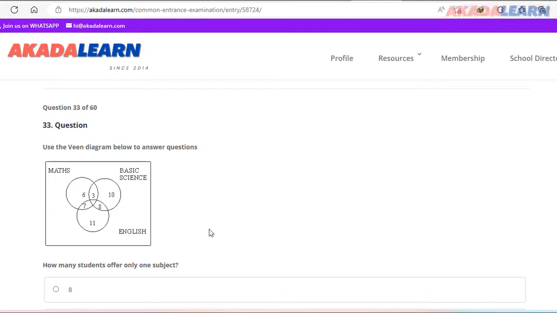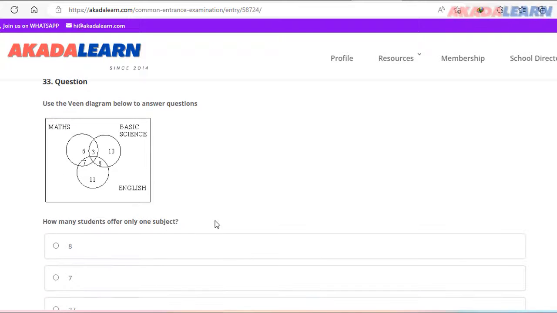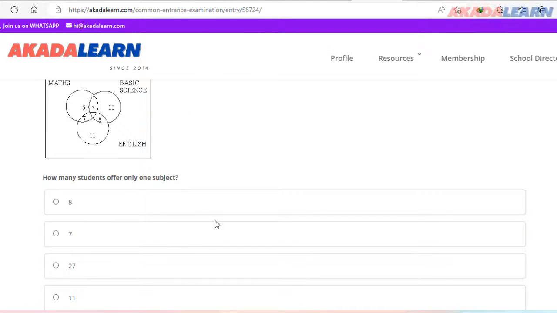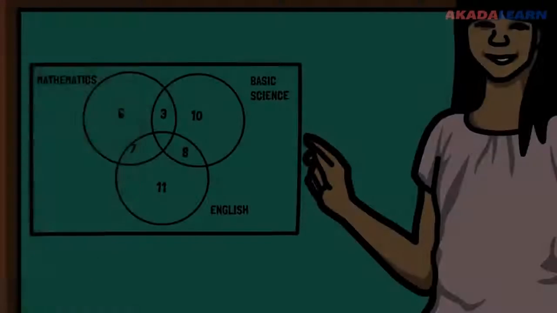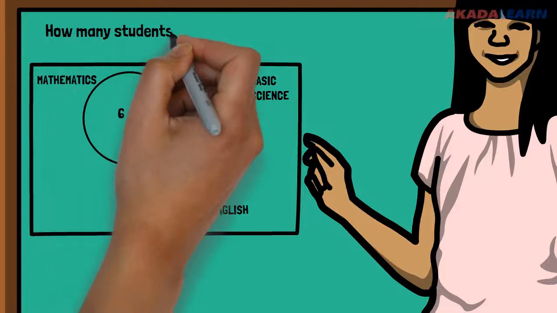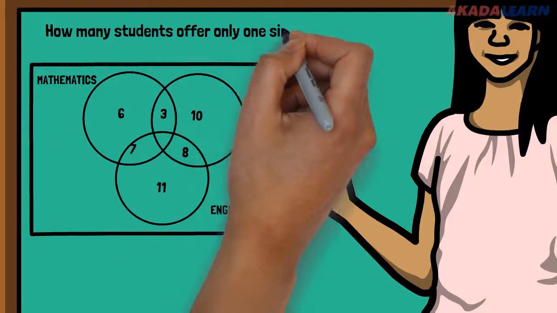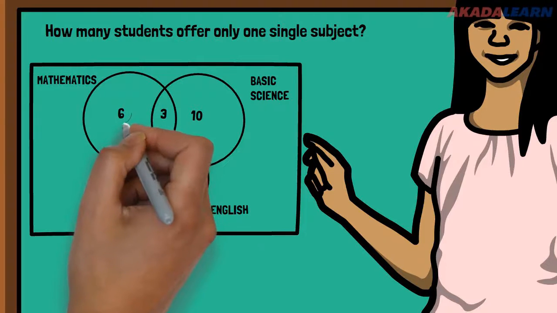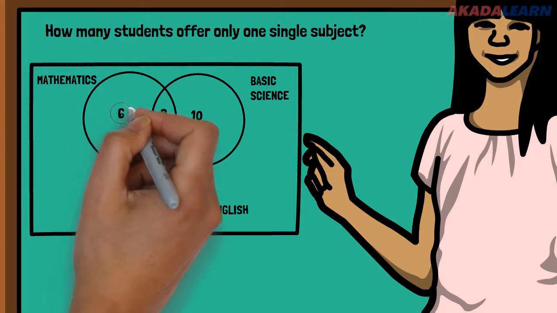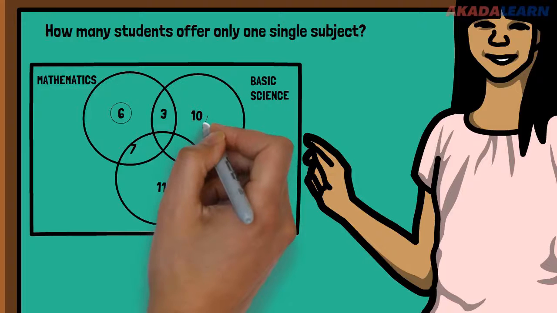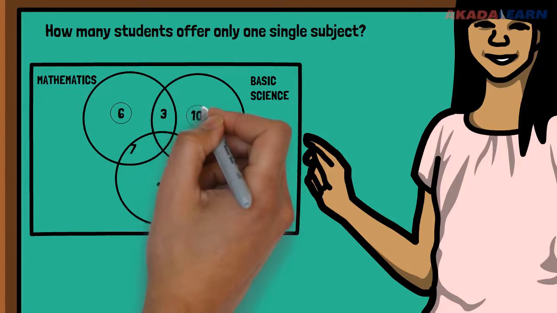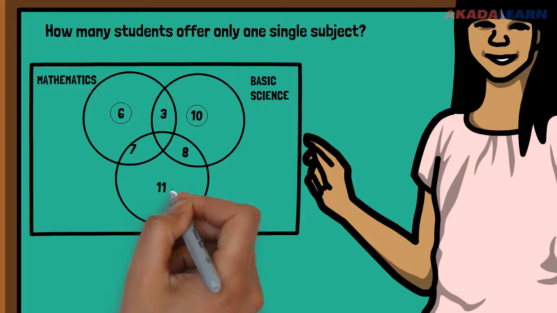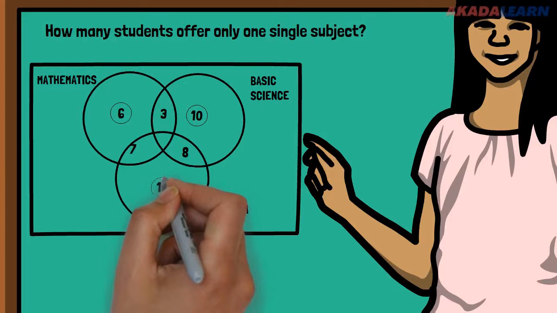33. So question 33, with the same diagram, how many students offer only one single subject? Let's look at the video. Only mathematics 6, basic science 10 students, that's only one subject, and last English 11.